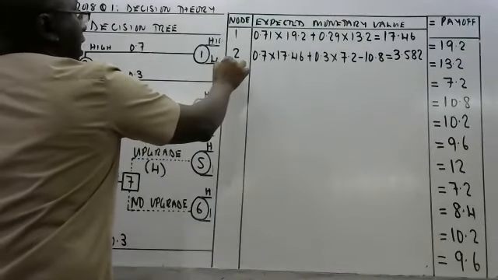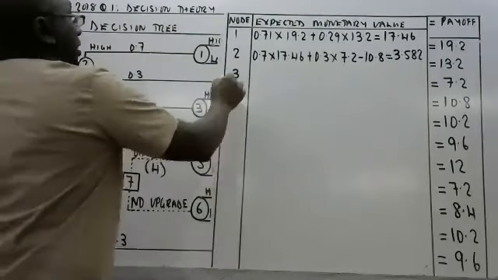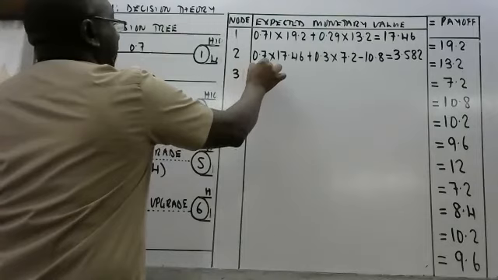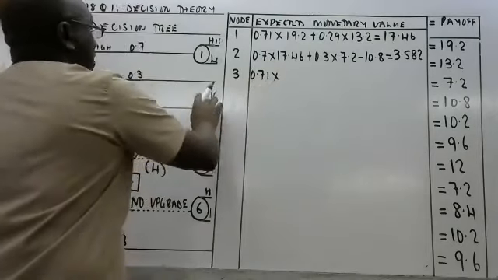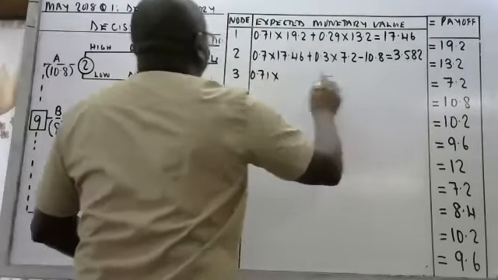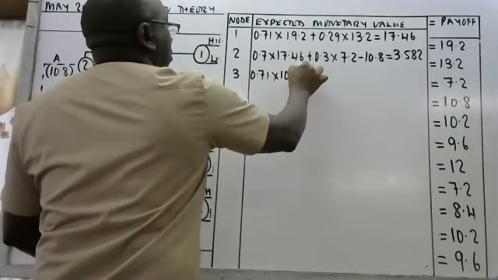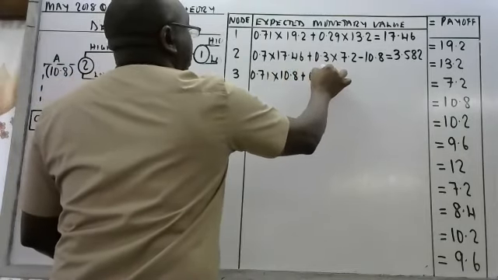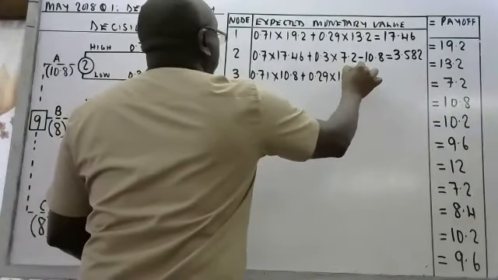Next, that is number 3. It will be 0.71 times what is getting there, that is 10.8, plus 0.29 times 10.2.